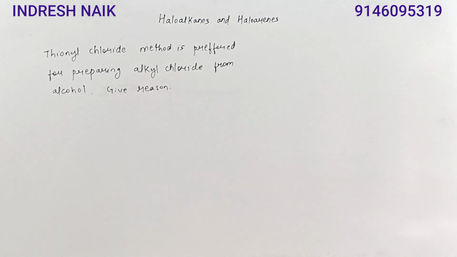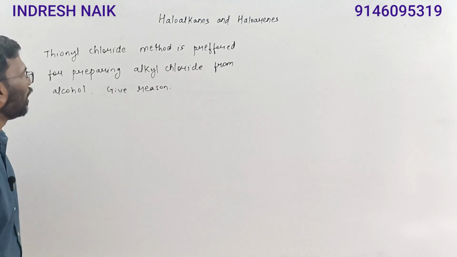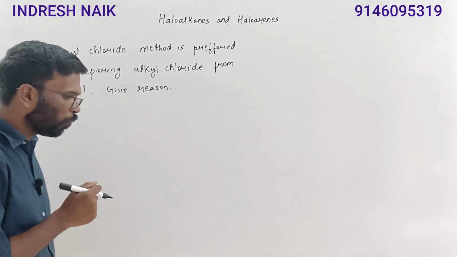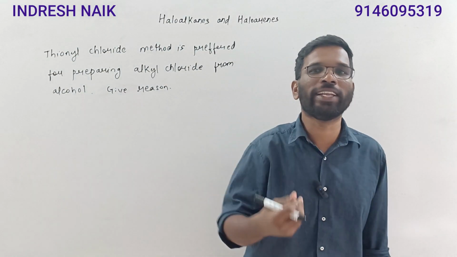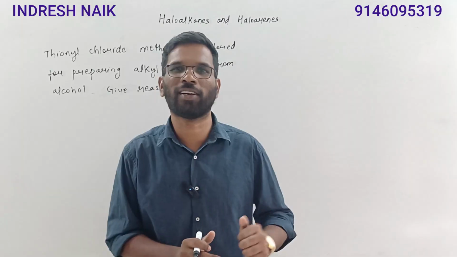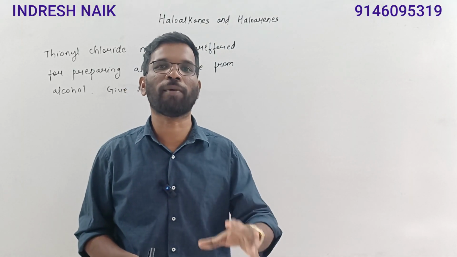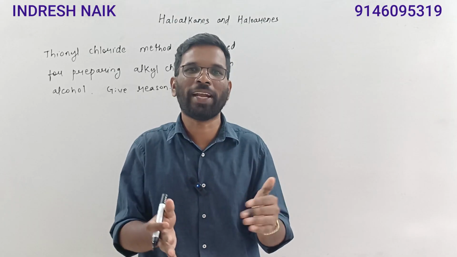The question is: thionyl chloride method is preferred for preparing alkyl chloride from alcohol. Give reason. Now, whenever any reaction takes place, it is not that only one product is formed. Certain byproducts are also formed, and you require some cost and effort to separate those byproducts.